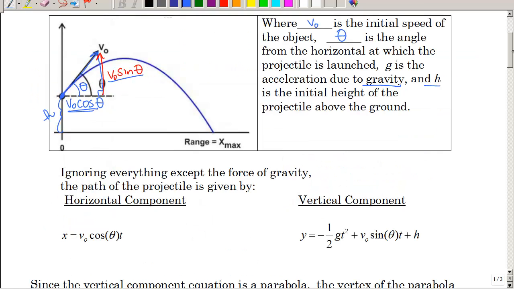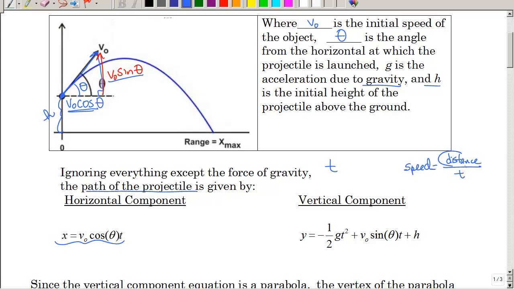We have our parametric equations. Remember, parametric equations introduces another variable, and in this case we're going to look at the variable t for time. The horizontal component of the path of the projectile is this. You may remember from a previous class that speed equals distance divided by time.